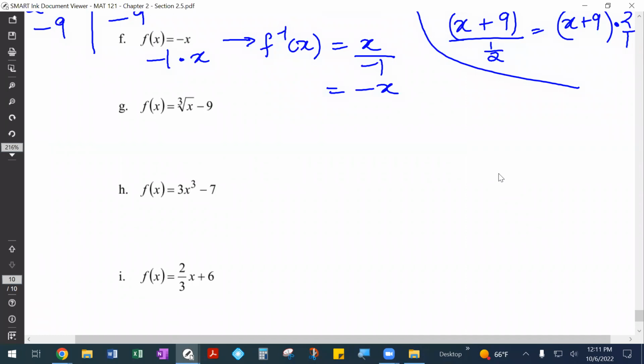Or as I was showing, instead of division, we do multiplication by the inverse. So we just multiply the entire x minus six by the inverse, to make sure the whole fraction is inside.